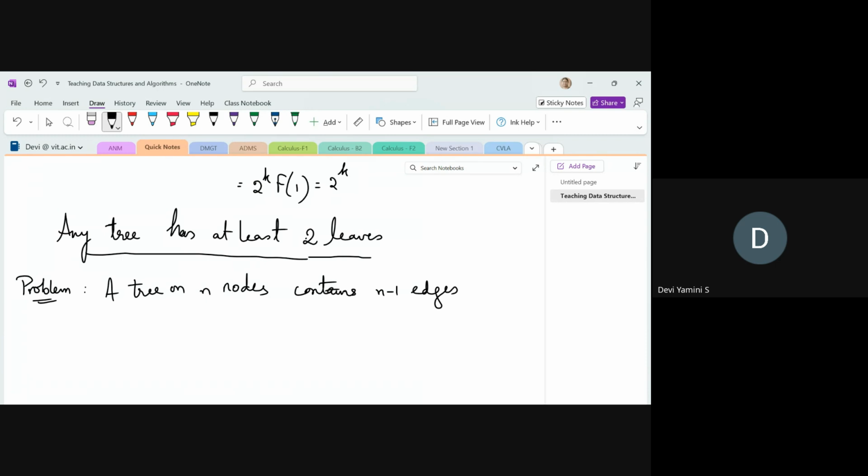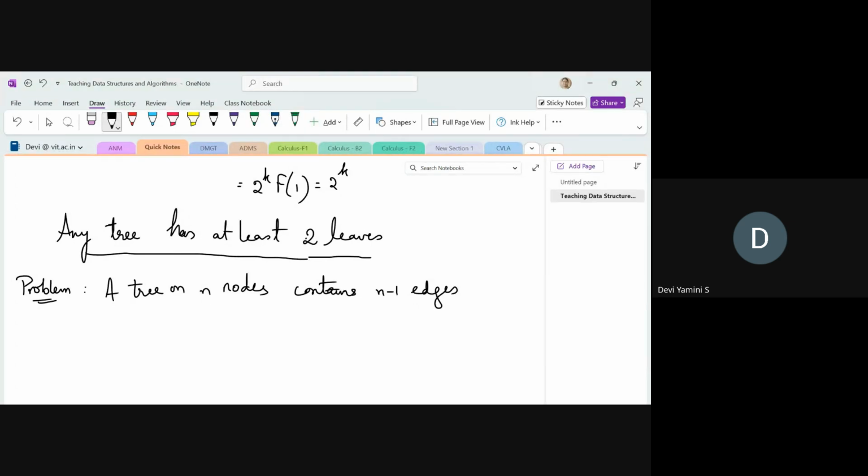Have you learned this? Any tree on n nodes, n vertices will contain n minus 1 edges. Very familiar statement, right? In graph theory. So I'm going to use the induction property to prove this.